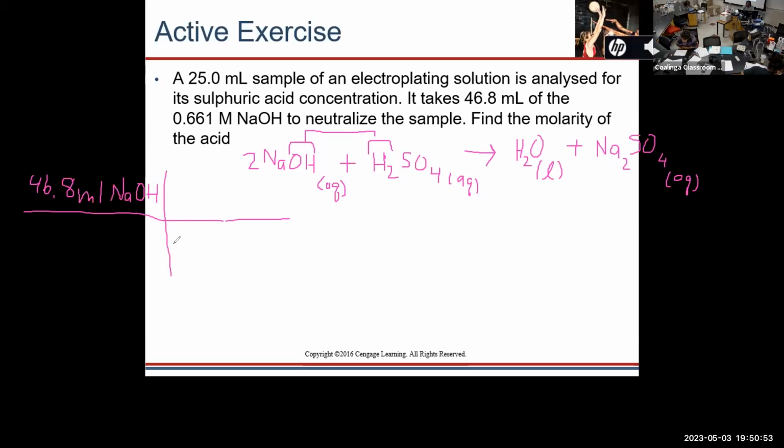Okay, so how many milliliters are in a liter? 1,000.